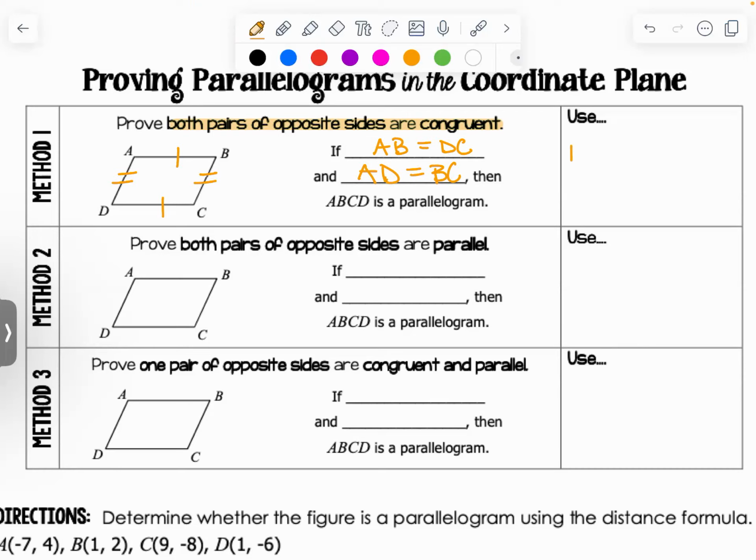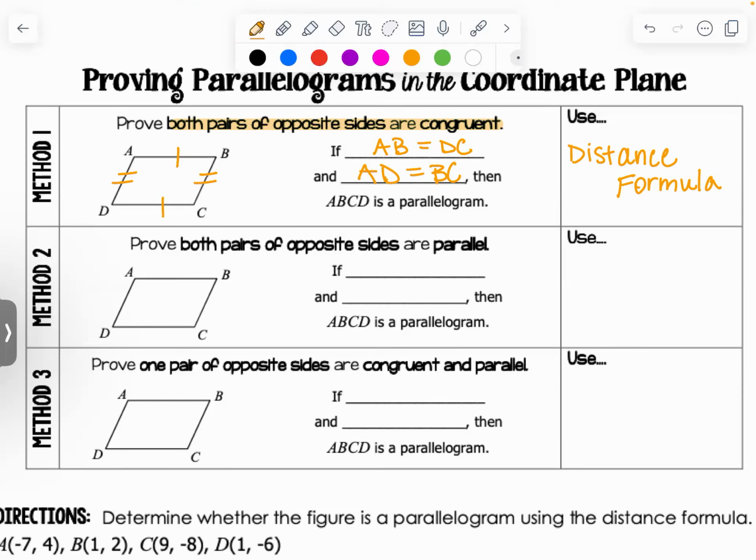Clark? If we can't do something on a coordinate plane, we have to see if they're parallel. No, we are talking right now about, you already said it, you said distance formula.